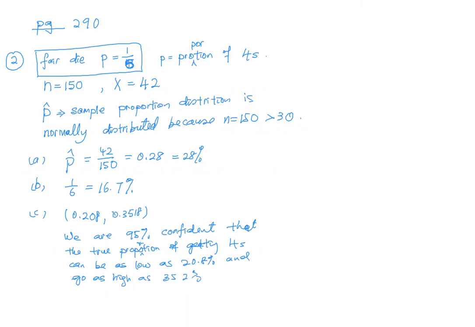All right. So now this is your confidence interval, 0.208. You can take any value in between here, right up to here.